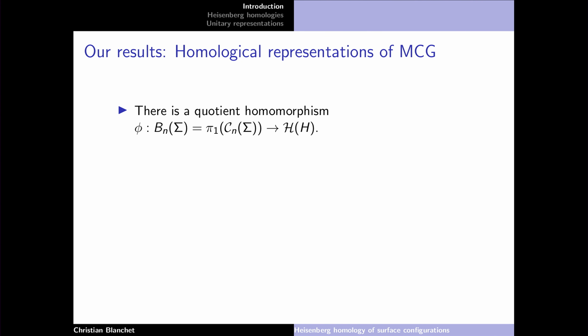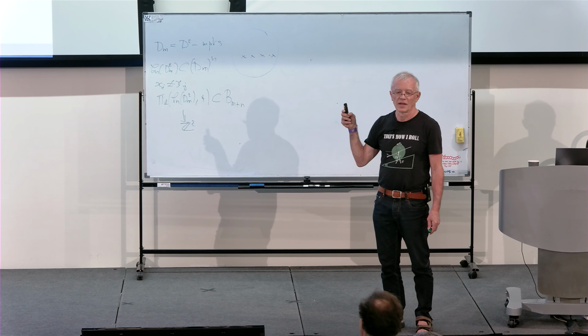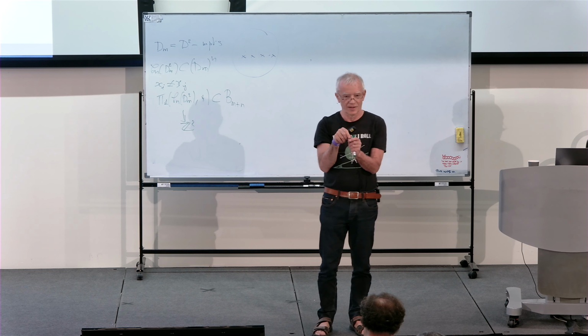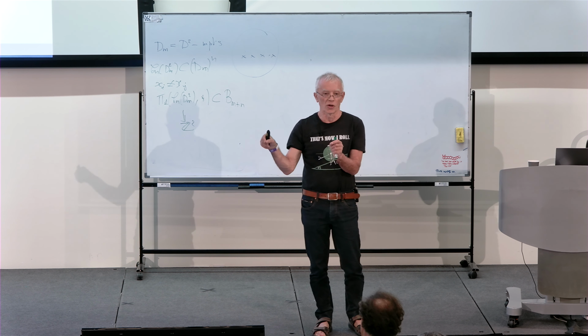So our result is to observe that there is a quotient map from the surface braid group, the pi1 of configuration in sigma, to this Heisenberg group. The general idea is that when you have a nice representation of pi1, this gives you a local system.